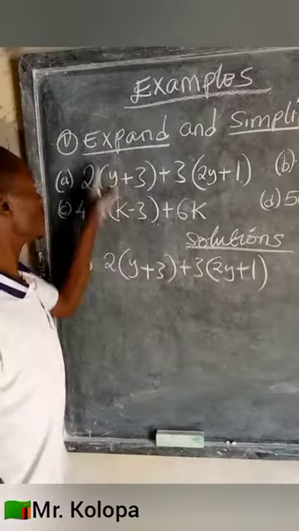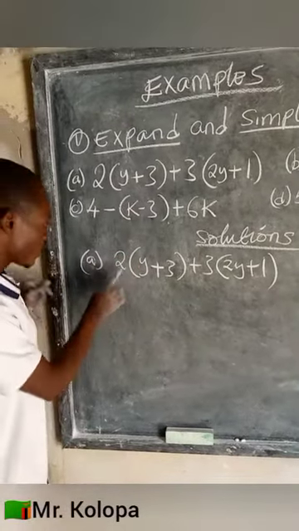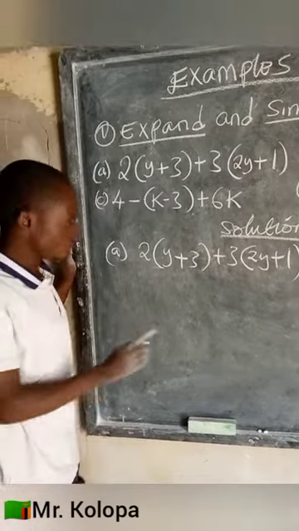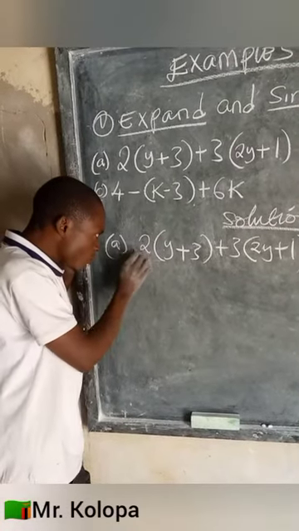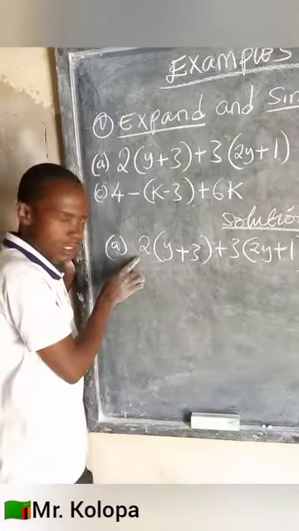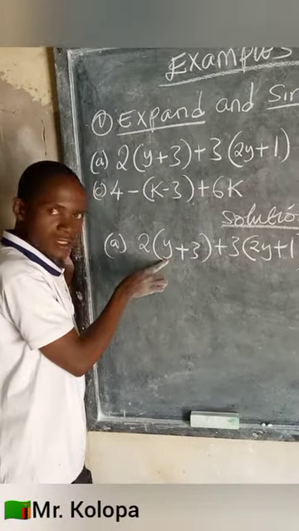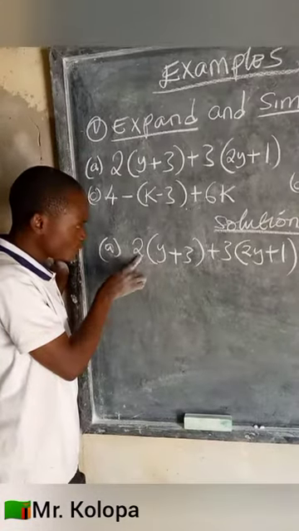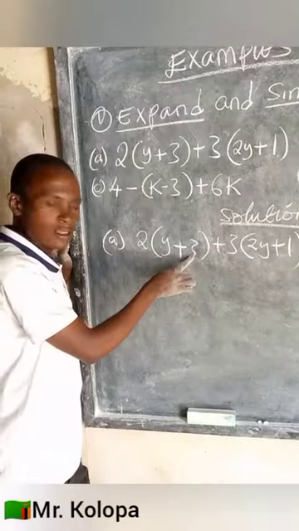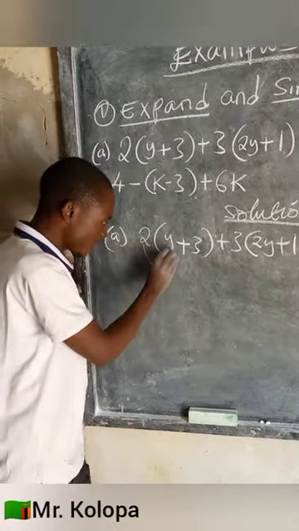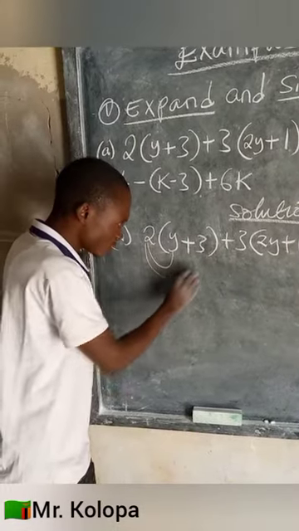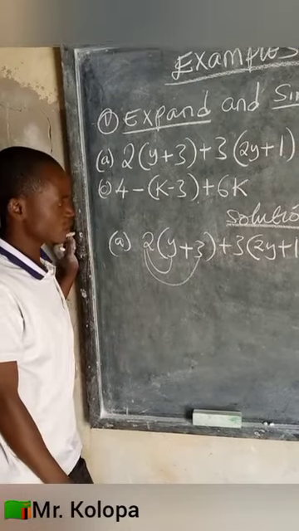So we have to expand first. So we are going to remove the brackets. How do we remove the brackets? We are going to multiply this 2 with the y and the 3. So you multiply this and also that. Take note of that.